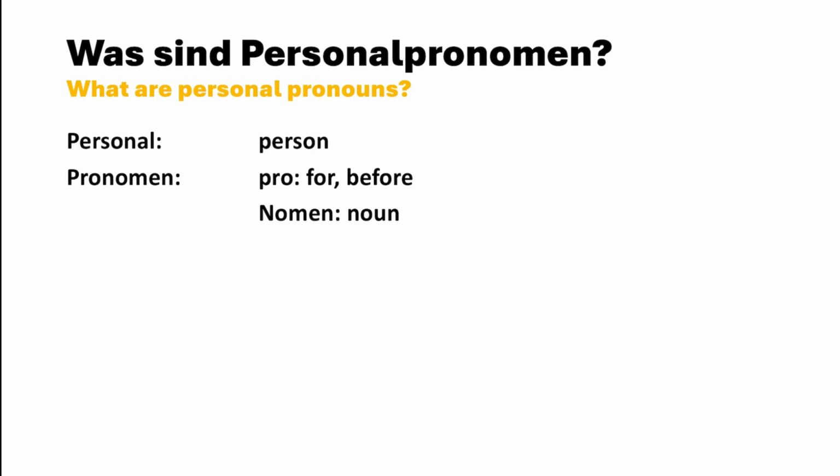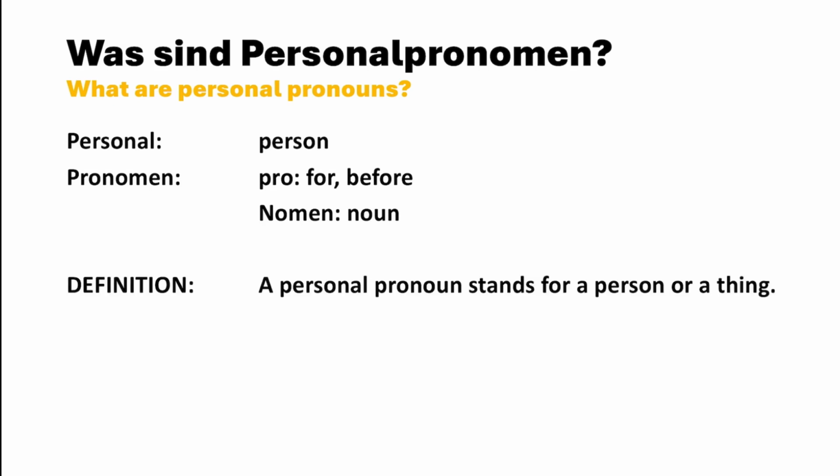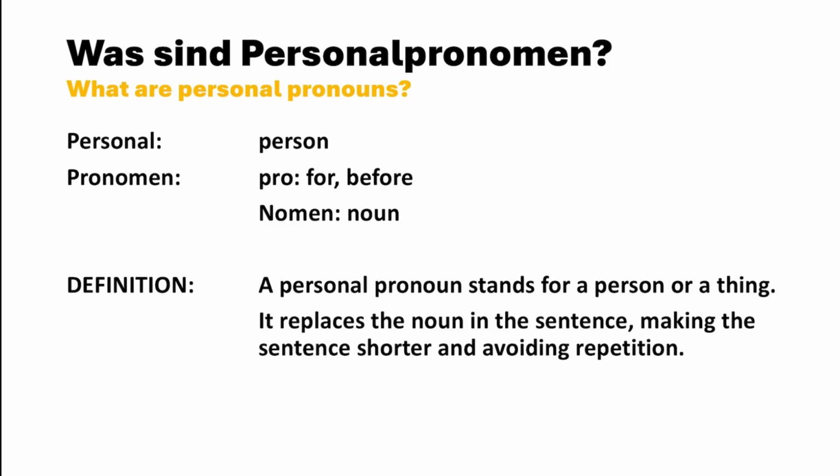So a pronomen means for a noun in that case. And this is exactly what it does. A personal pronoun stands for a person or a thing. It replaces the noun in a sentence, making the sentence shorter and avoiding repetition. I'll show you some examples and then it'll be more clear.